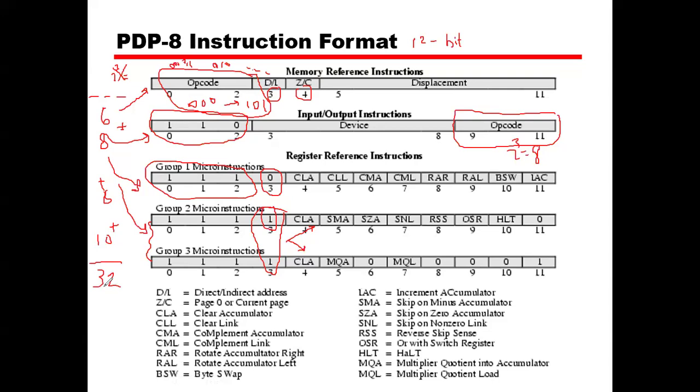It is a genius idea that they used in order to figure out, within 12 bits, that I have that many different instructions I want to run, and yet I have a displacement from 5 to 11, which is a large number, and I have all those commands in my instruction set.